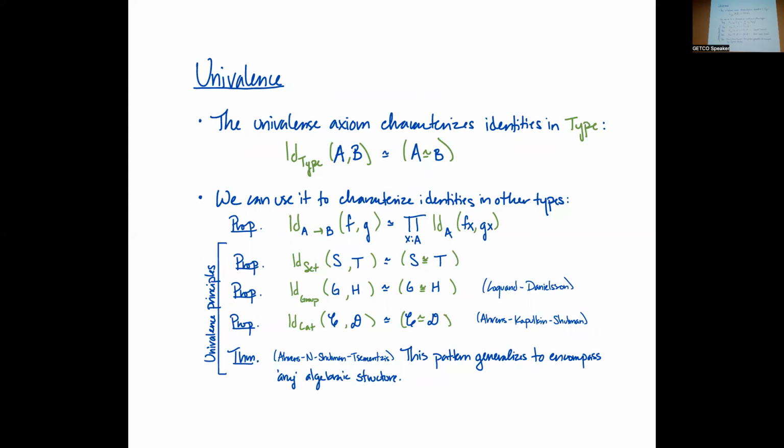The univalence axiom characterizes identities in one particular type, the universe of types, which I'm just calling Type with a capital T. As Eric mentioned, we have this identity type, and for many types, like types built out of type formers, without assuming some axioms, we can't actually get a handle on what the identities are in that type.